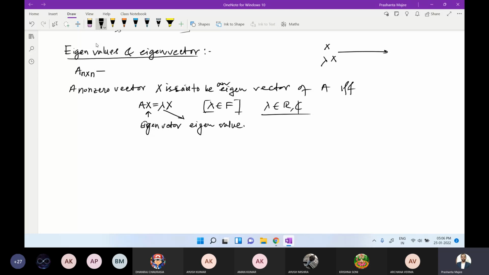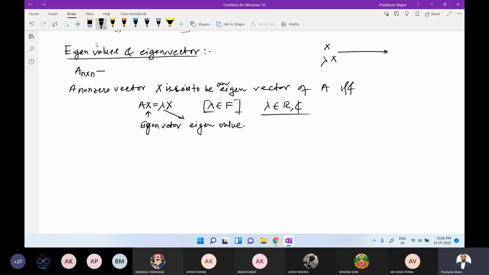So you are looking for that non-zero vector x which is not changing its direction after the matrix multiplication. Only its length will be changed. Either it will be stretched or it will be shrunk. Lambda is the factor by which the vector x has been stretched. So that lambda is called the eigenvalue corresponding to the eigenvector.